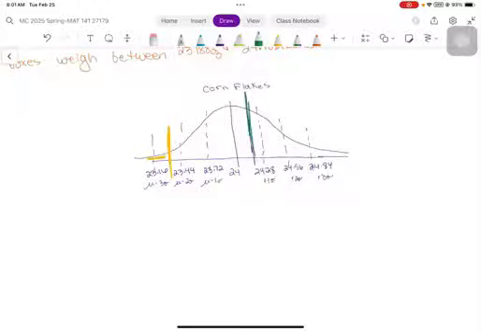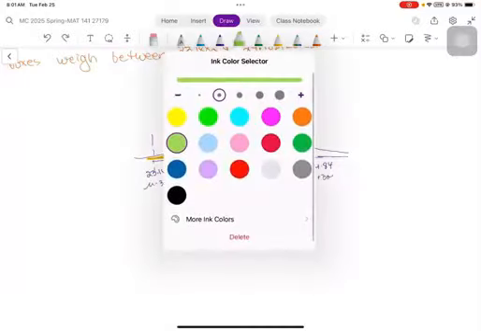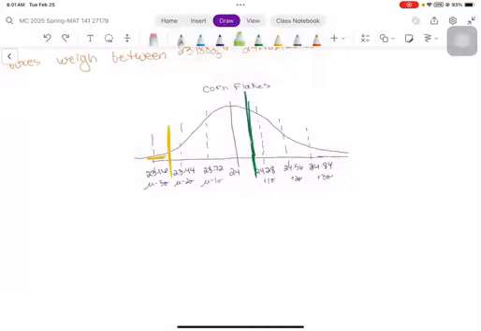We shaded all the area to the left here. Let's shade this yellow because we already had that, and that value was negative 2.9.